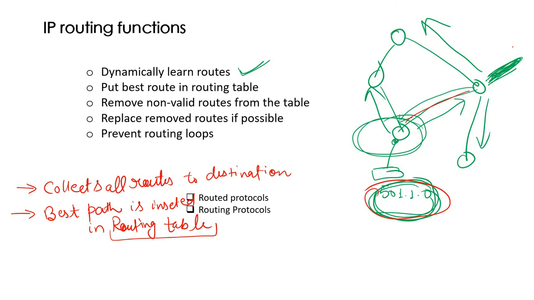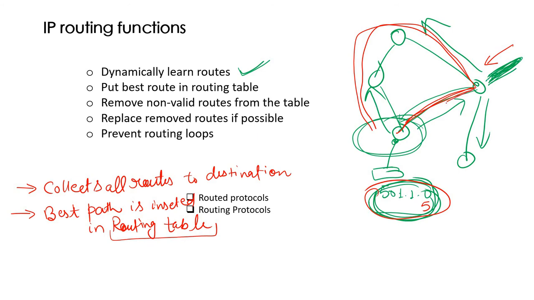Let's suppose a request is coming from this router towards 50.1.5. There are two ways, one this way and another this way. It will forward directly on this interface. There is an alternate route, but that will not come in the routing table.